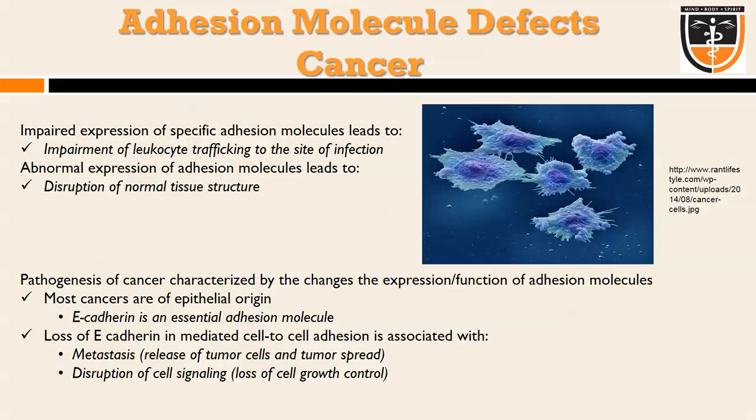And these cells will travel through the body, causing metastasis. Because these are abnormal cancer cells that will now attach somewhere else and cause metastasis. So metastasis is the release of tumor cells and tumor spread. And also important thing is E-cadherin, whenever in the cells, this attachment to cells through E-cadherin will affect it, the cell signaling will be affected.